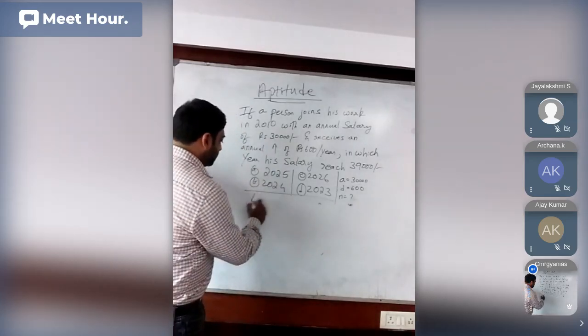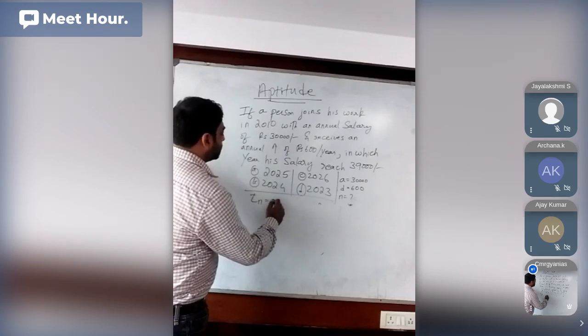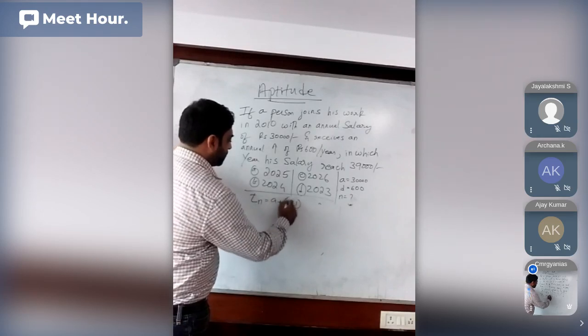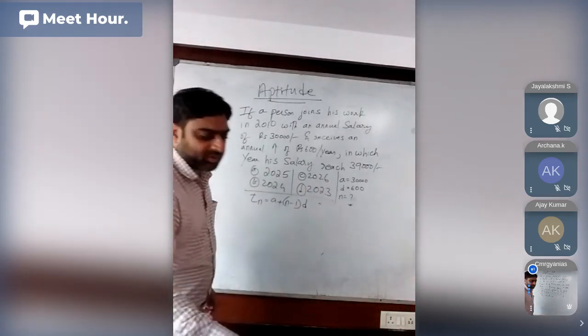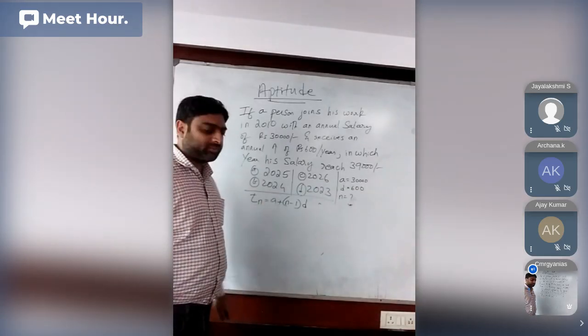T of n is equal to A plus n minus 1 into D. That is what we want. We just have to use this.